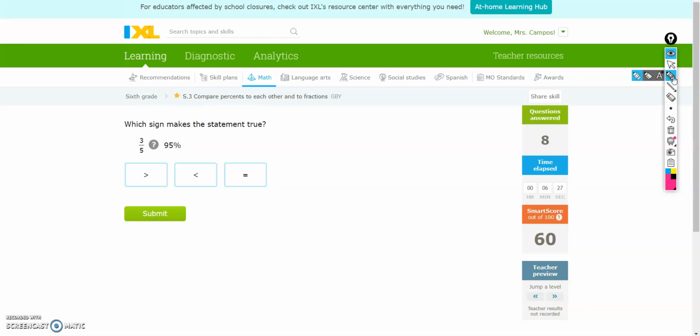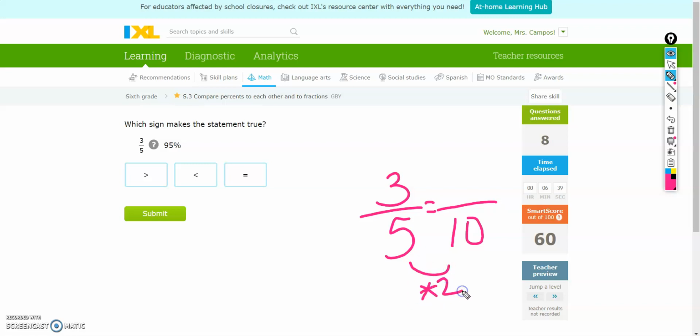Okay, 95%, and then we have 3/5. I can do this strategy where I make it a 10 on the bottom. And then I say, okay, I'm going to multiply by 2. So I have to do it to the top. So that makes that 6, and then I make it 100 and add a 0 to both. So 60%.